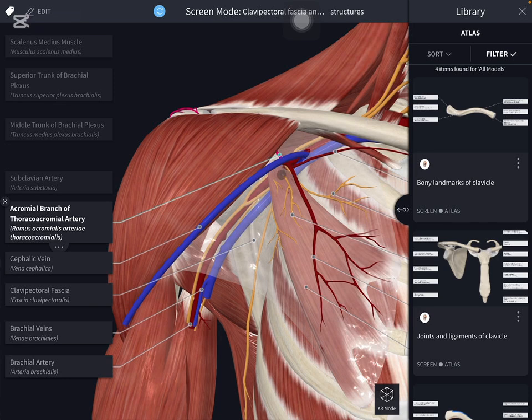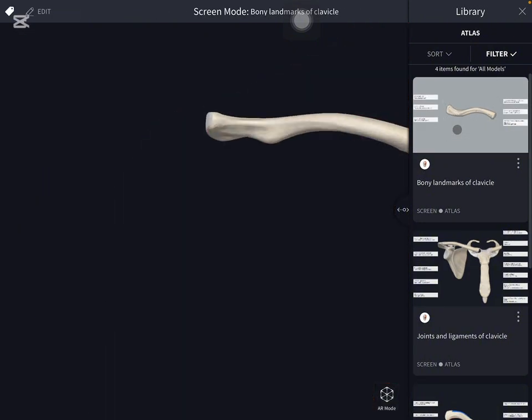And here's the important relation of the clavicle: medially lies the subclavian vein and laterally the acromiothoracic artery. Here's the acromiothoracic artery, which is lateral, and another one is the subclavian artery.